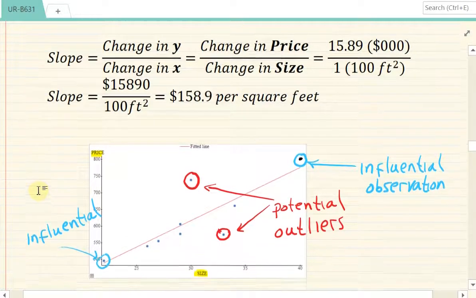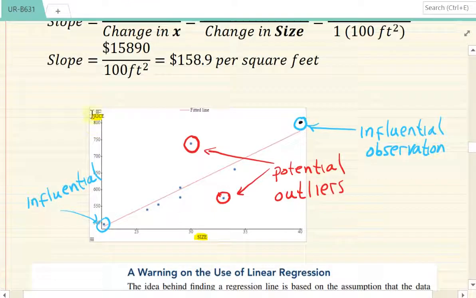Alrighty, now, here's another. This is not from Minitab, actually. This is from another software I used. So, same information. Here's the line of fit, and those are the same 9 points. Now, if you look at these two, the ones that are in blue, remember, these are influential. Why? Because they're away from the rest of the group. If you remember, that's what we meant.